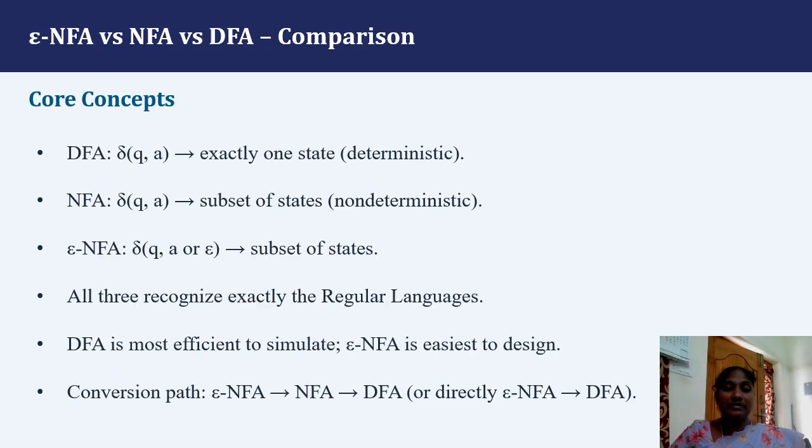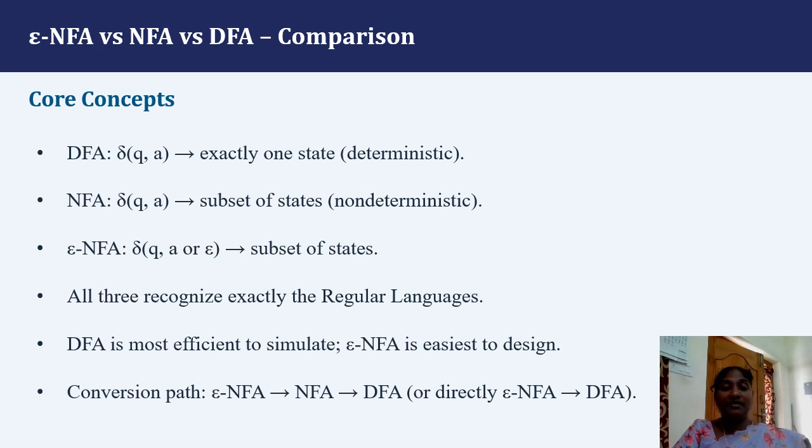This is a general comparison of Epsilon-NFA, NFA and DFA. The DFA transition function takes the current state and one input symbol, and it has exactly one state transition, that is, it is deterministic.